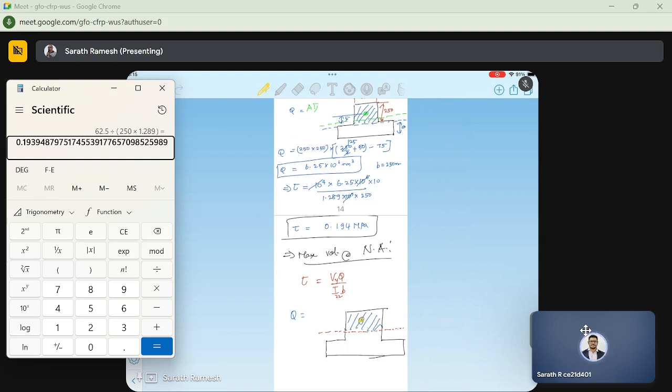From here to here it was 75, so the total above it will be 225, and this will be 112.5.